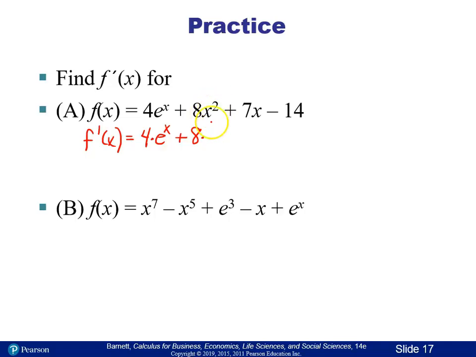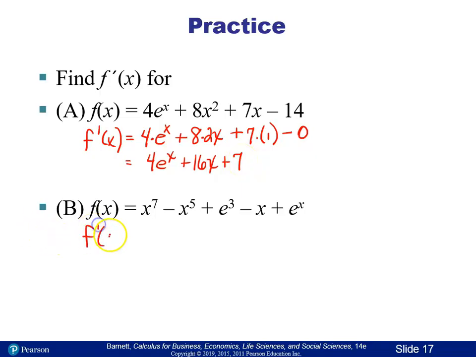Well, the derivative of x squared is 2x to the 1st. Here we've got 7 times the derivative of x, and the derivative of x is just 1. And then the derivative of a constant is 0. So we have 4e to the x plus 8 times 2, which is 16x, plus 7.